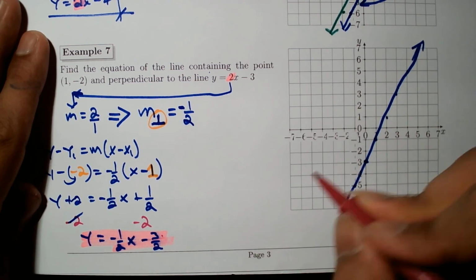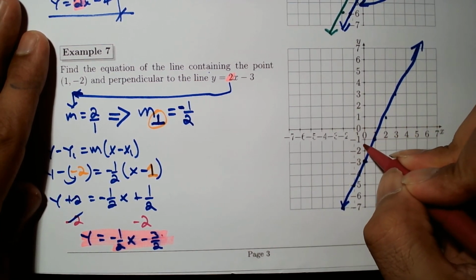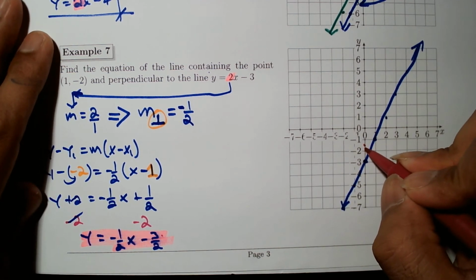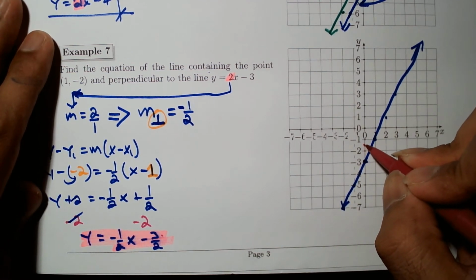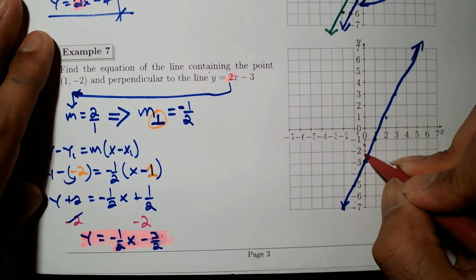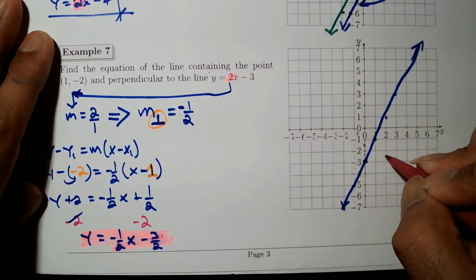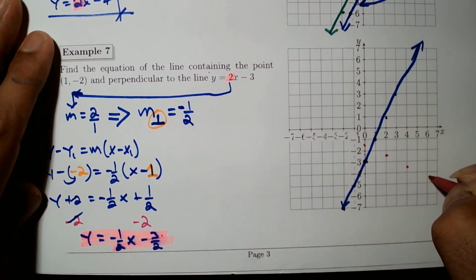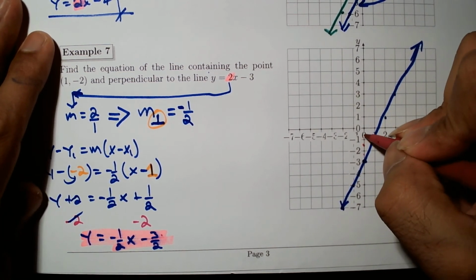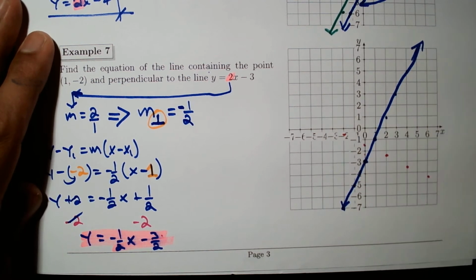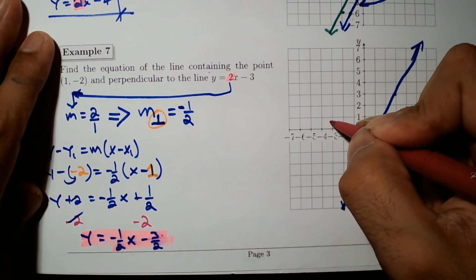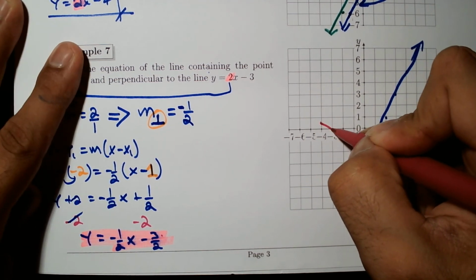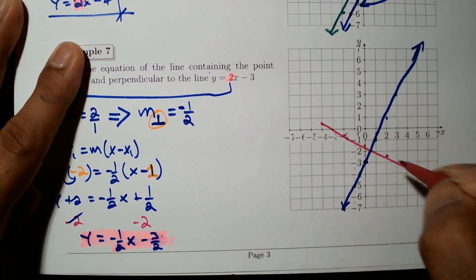I'm going to go to negative 3/2, which is negative 1.5, and then from there go 1 unit down and run 2 units. Go 1 down, run 2 units. I'm going to rise 1 unit, go back 2, rise 1 unit, go back 2. And this is what we get.